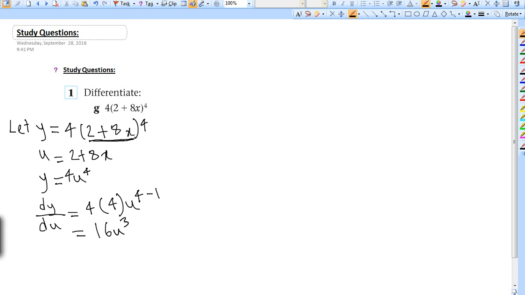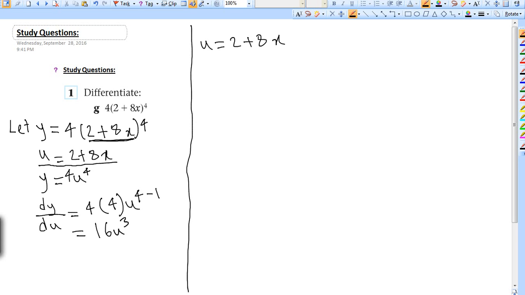Now let us differentiate u. The value of u is 2 plus 8x. Differentiating u with respect to x, du by dx equals 8.